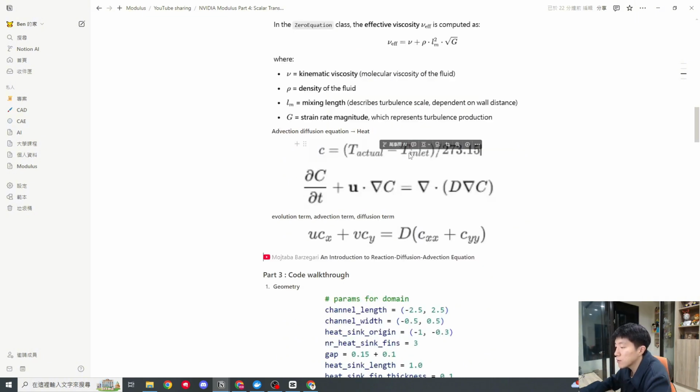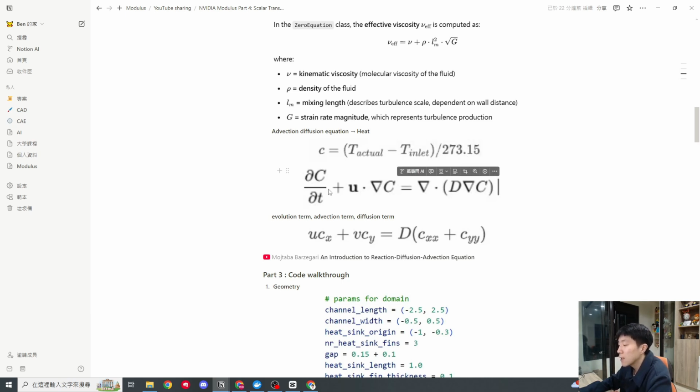In the advection diffusion equation, which governs heat transfer, we first define a new variable C to normalize the temperature. Then we apply the diffusion equation to model heat transfer by calculating how temperature spreads over time and space. This equation consists of 3 key components.